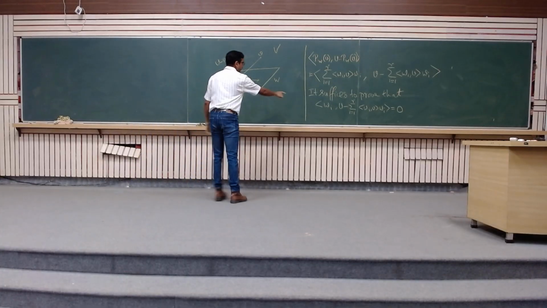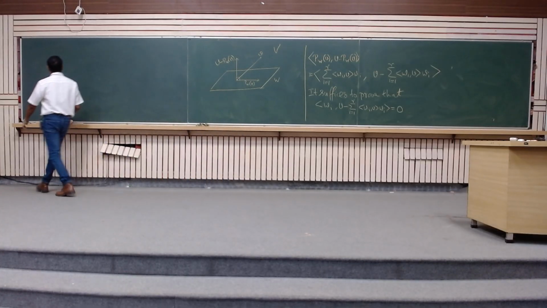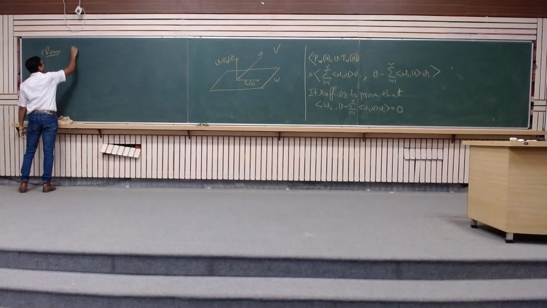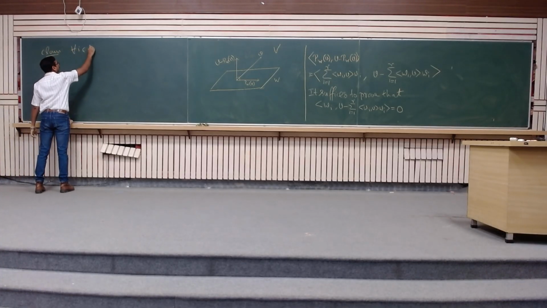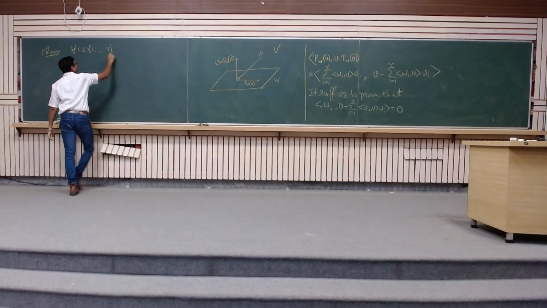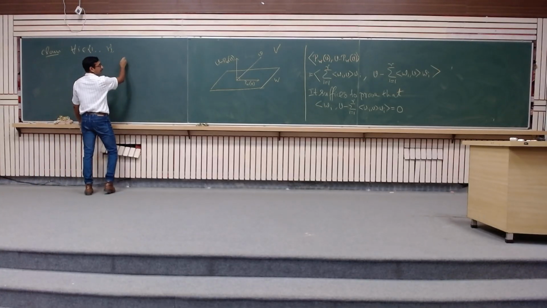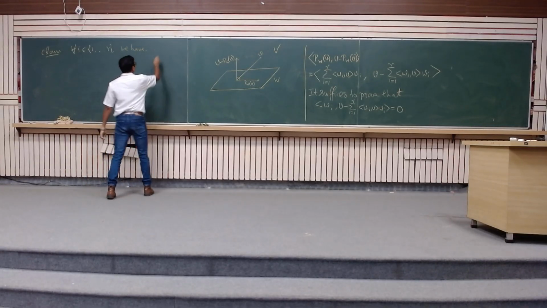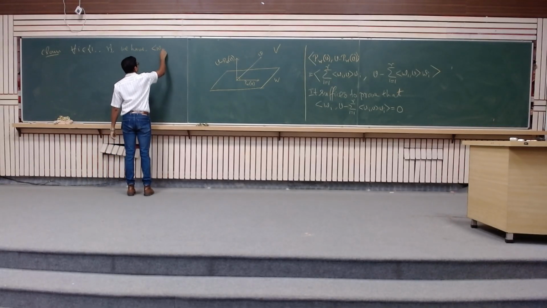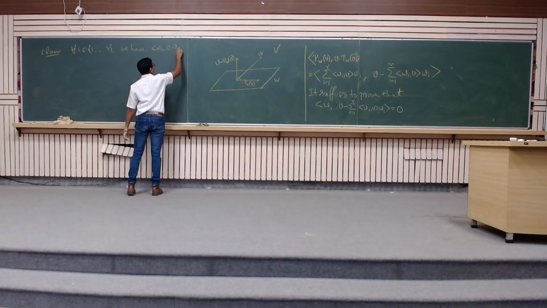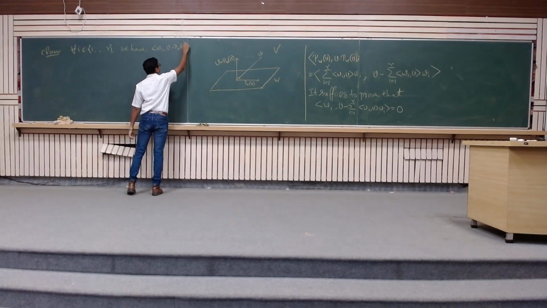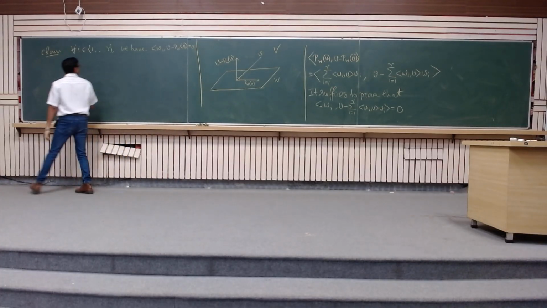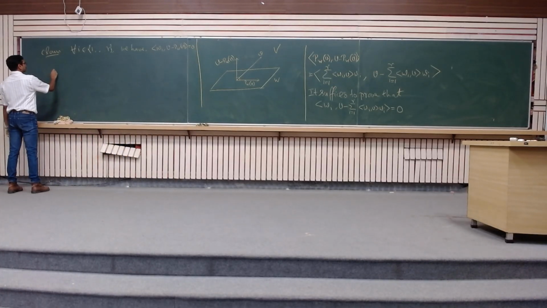So this is the claim: for all i in 1 to r, we have <w_i, v minus P_W v> equal to 0. Proof.